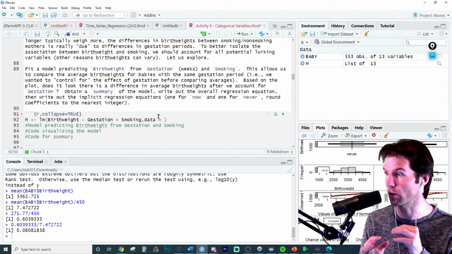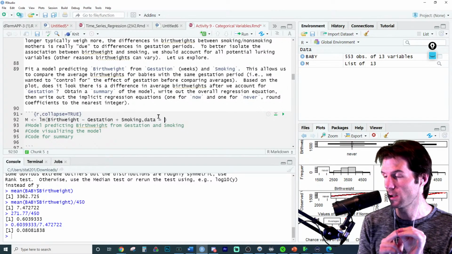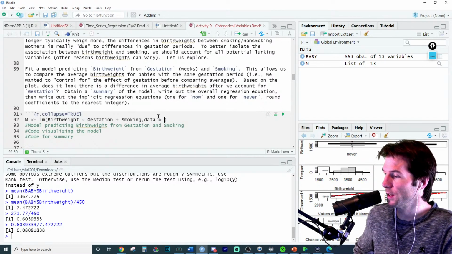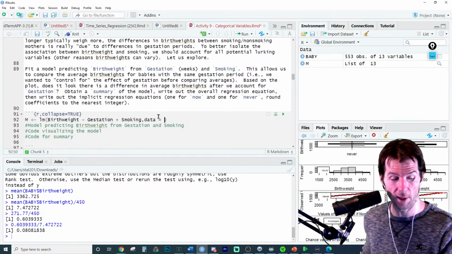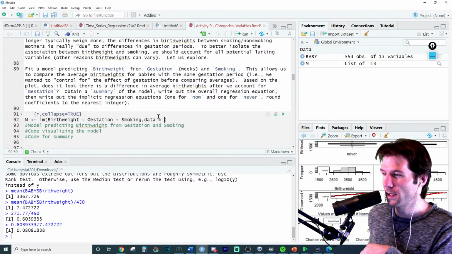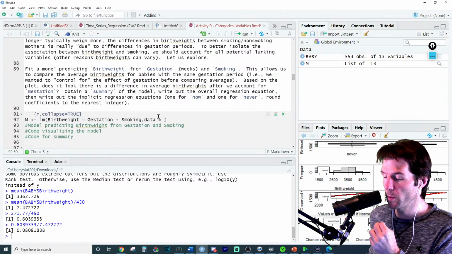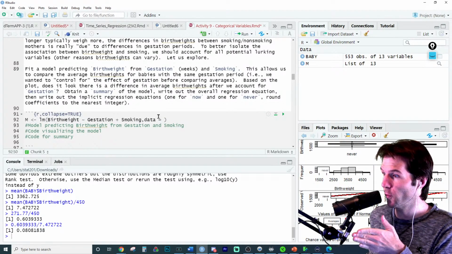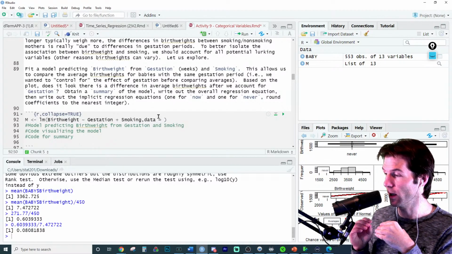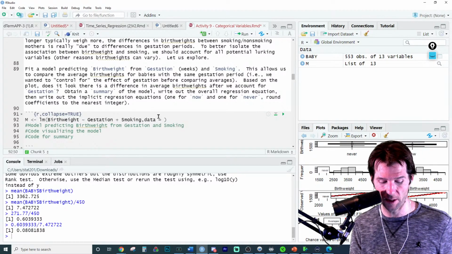We're comparing two mothers who had the same length of pregnancy. So you might say, well, mothers who smoke have shorter pregnancies. That doesn't matter. That's not what matters in the interpretation, because the mathematics of it only changed smoking or not smoking. And we would be able to isolate that variation and control for how long the pregnancies are. So this is going to compare equal mothers who have the same length pregnancy.